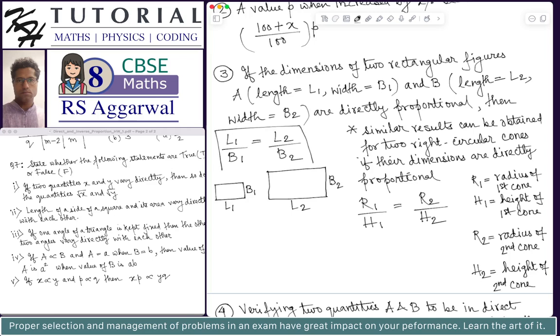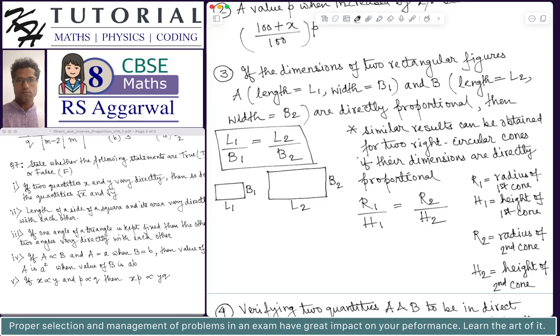Mathematically, we can use these results when it is given that the dimensions of two rectangular figures are in direct proportion. Now, a rectangular figure has only two dimensions, that is length and width. This concept also applies to other figures like a right circular cone.